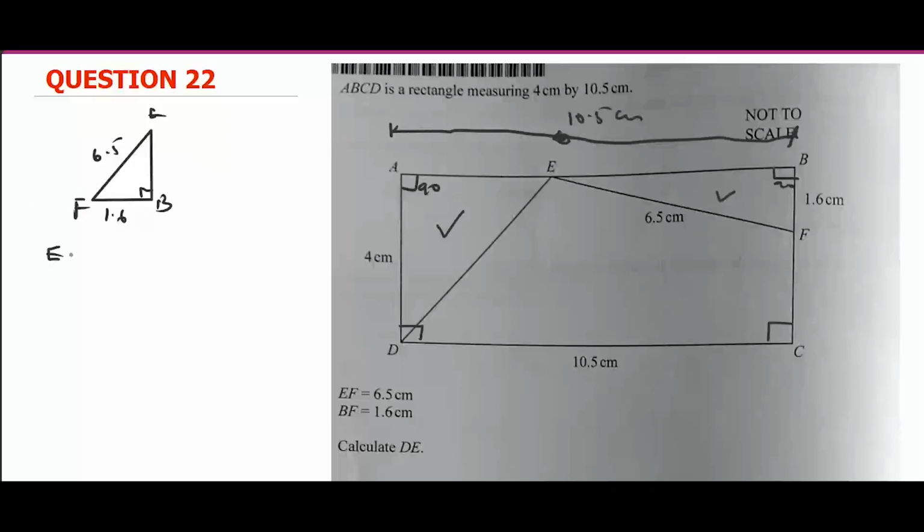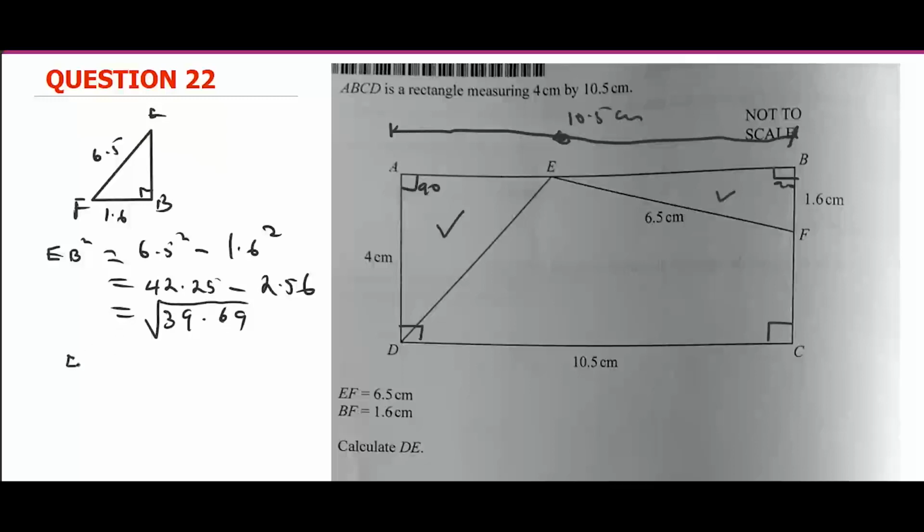EB squared is equal to 6.5 squared minus 1.6 squared. This will give us 42.25 minus 2.56. If you subtract that, you get 39.69 using your calculator. Then take the square root of this, and that will give you the value of EB, which is 6.3 centimeters.